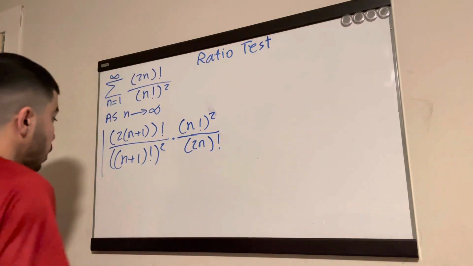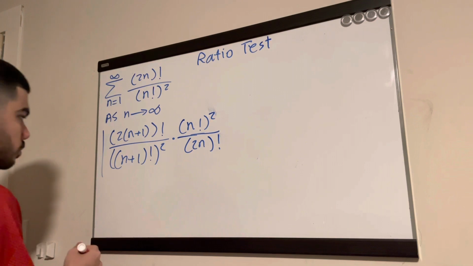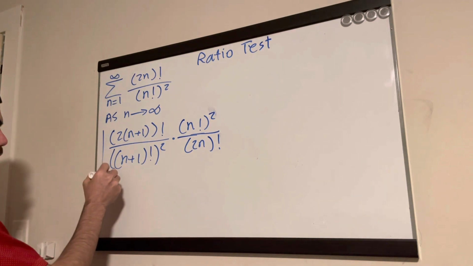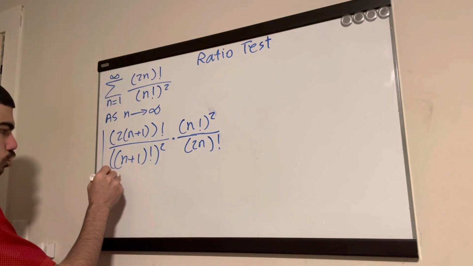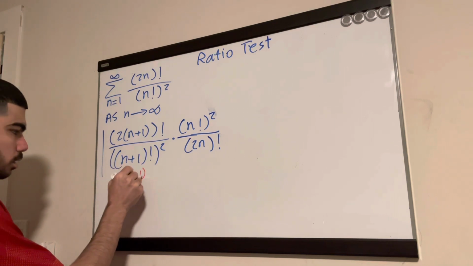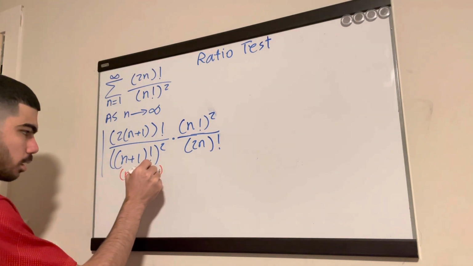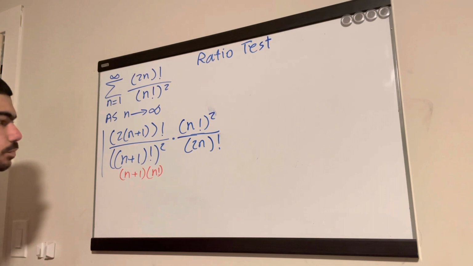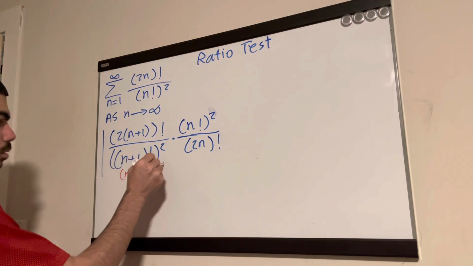So the one at the bottom equals ((n plus 1) times n!) squared.